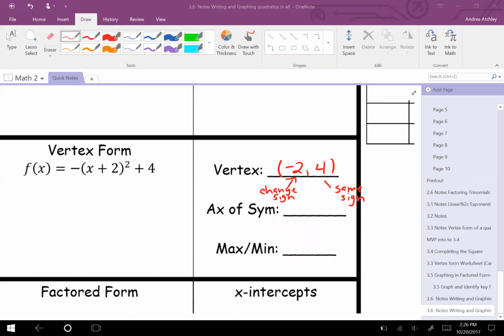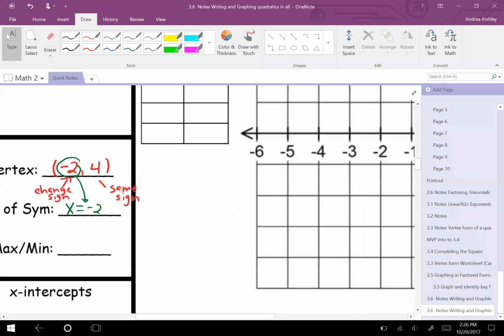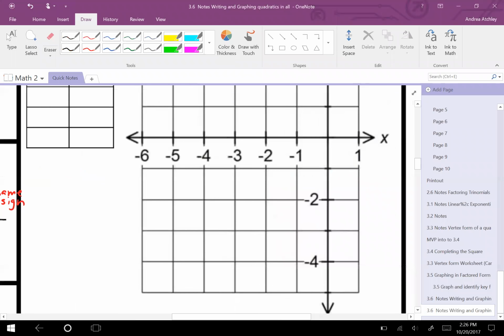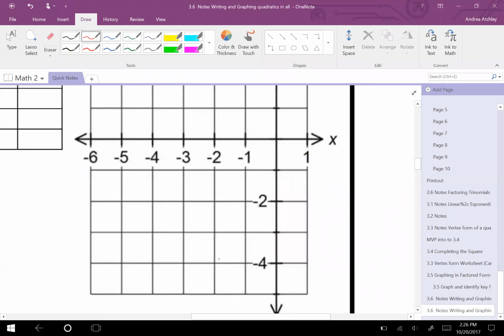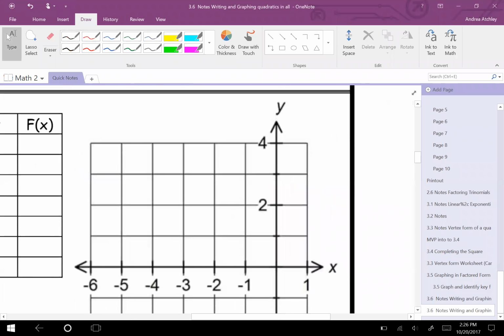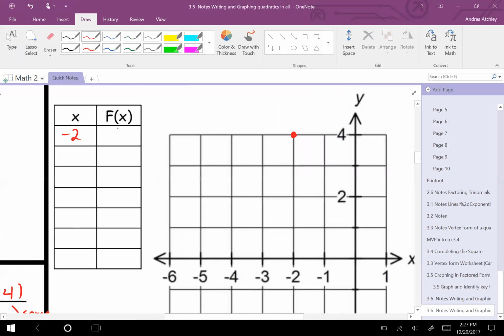That also gives me my axis of symmetry as x equals -2, because it's the same as this. Okay, I'm going to graph that point. You go where x is -2 and y is 4. Yeah. I'm going to add it to my ordered pair, -2 and 4.